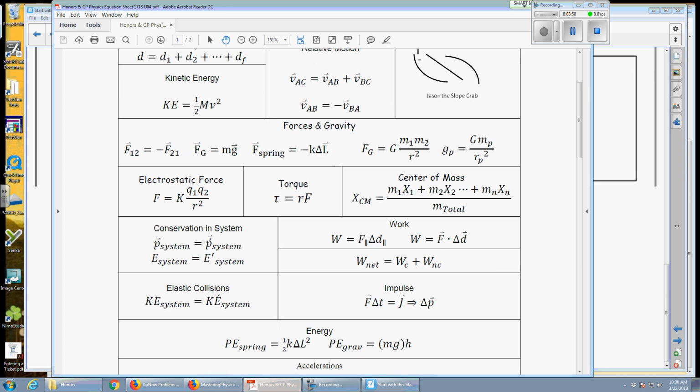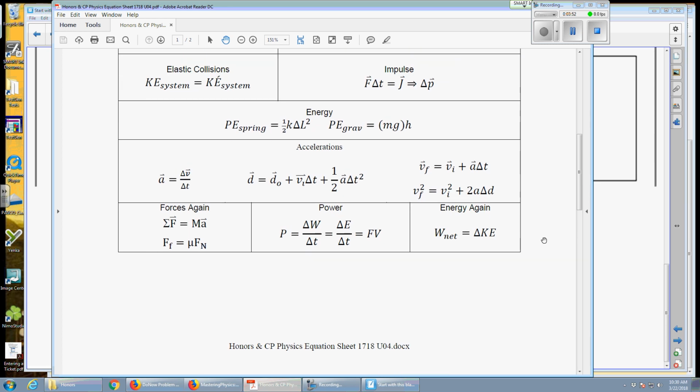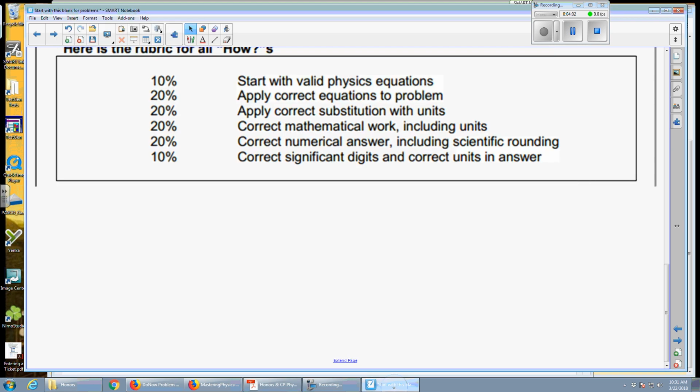And then I also need Newton's second law, which says the net force equals the inertia times the acceleration, since my object is accelerating. So I'm going to put both of those so that I get that point on my rubric.